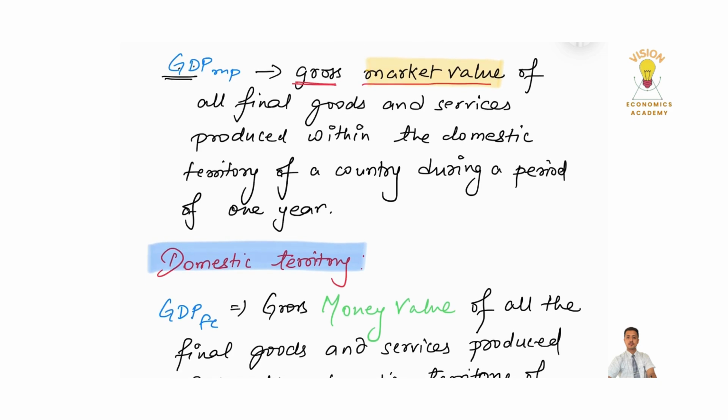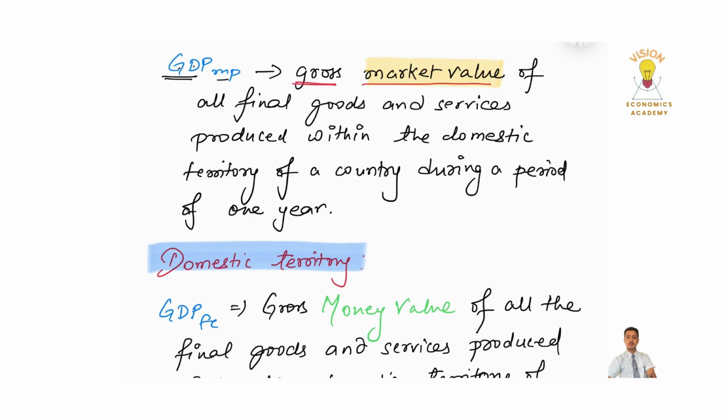So gross domestic product at market prices. Now I've already explained the difference between the market price and the factor cost. What is included in the market price and what is included in the factor cost has already been discussed in the previous episode. So GDPMP is the gross market value of all final goods and services produced within the domestic territory of a country during a period of 1 year.